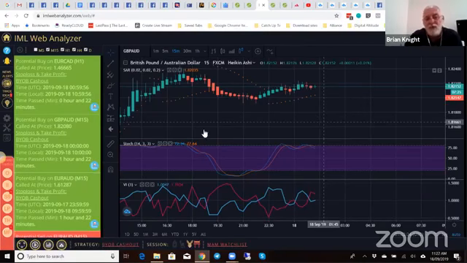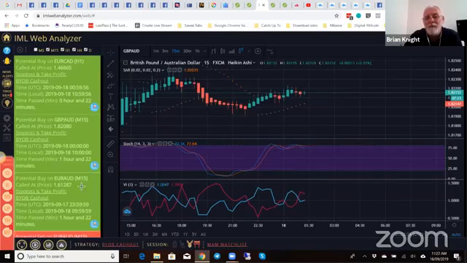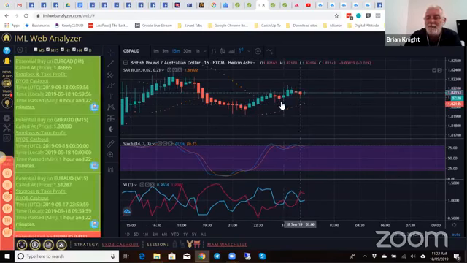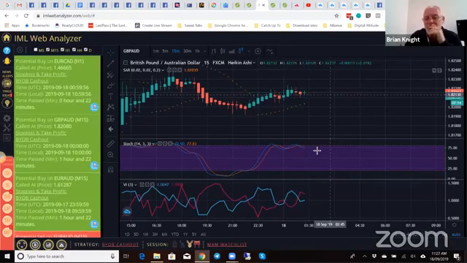Even though these have been called as buys, the point in time they were called buys is back here, right? And so we're now looking at this opportunity for possible sells. I mean, you can see it's already done that.